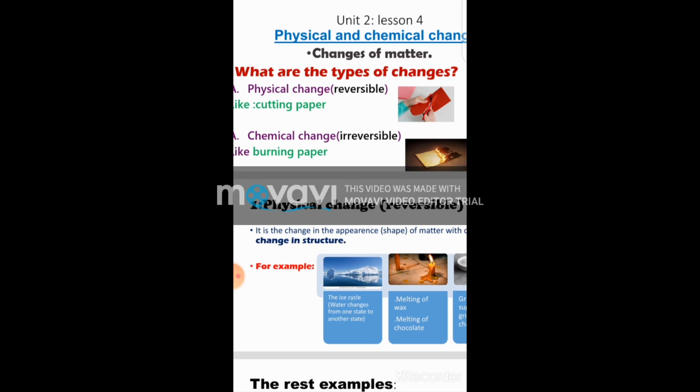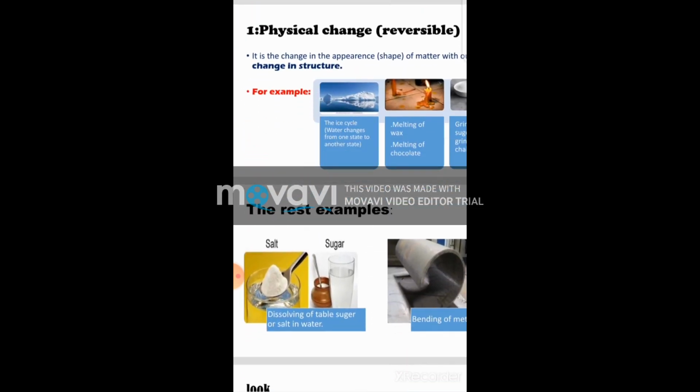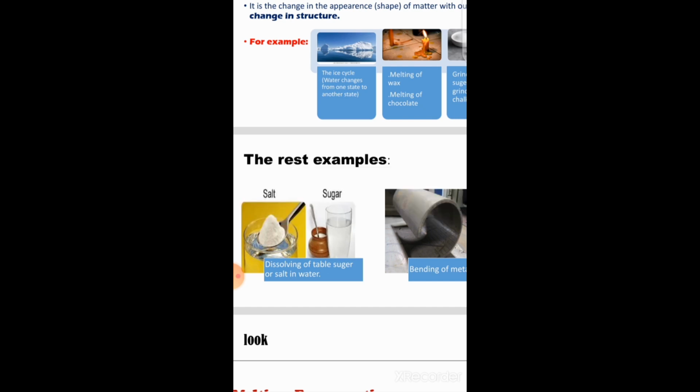But chemical change is a change in the shape and structure of matter, and we have a new substance with new properties, like ash in the case of burning paper. In this lesson we will focus on physical change only.